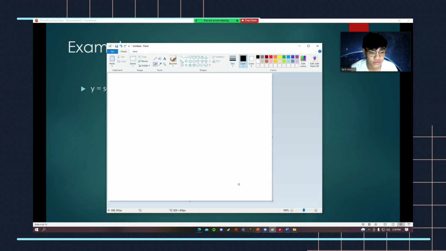y equals secant 3x. Now we just need to get the derivative of secant 3x, which is secant 3x tangent 3x. Since the given has the value of 3x, the derivative of 3x is 3.